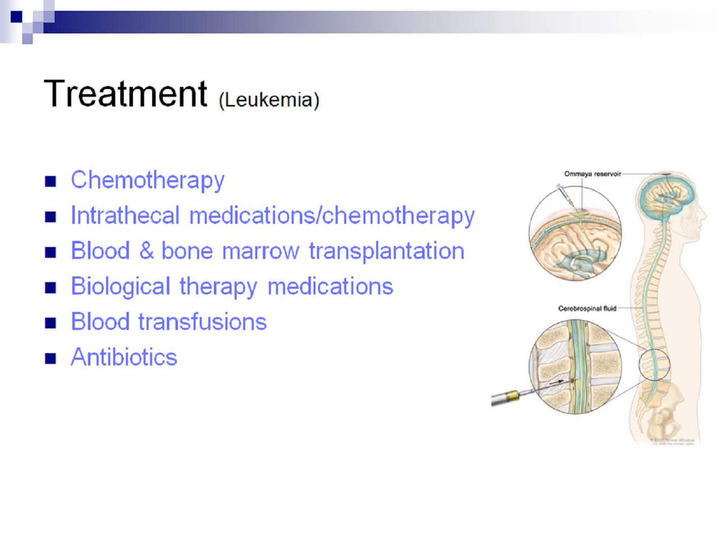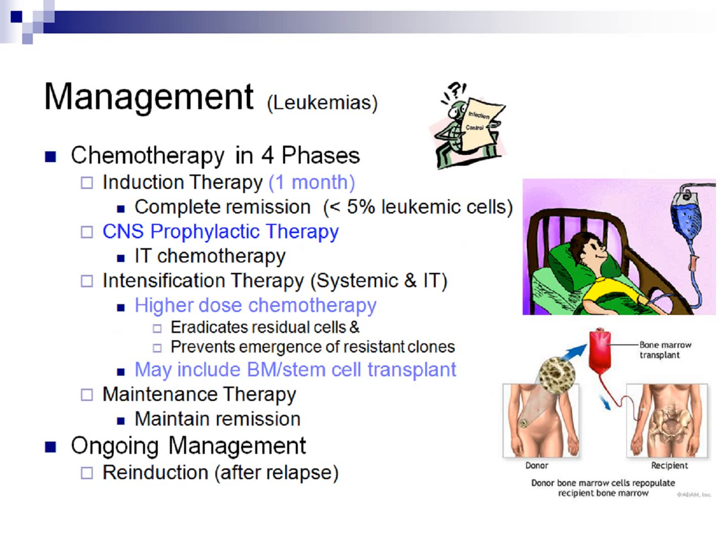We give intrathecal medications and intrathecal chemotherapy depending on the CSF result and whether there is migration into the cerebral spinal fluid. We may treat it with bone marrow transplantation, biological therapies, blood transfusions, as well as antibiotics.